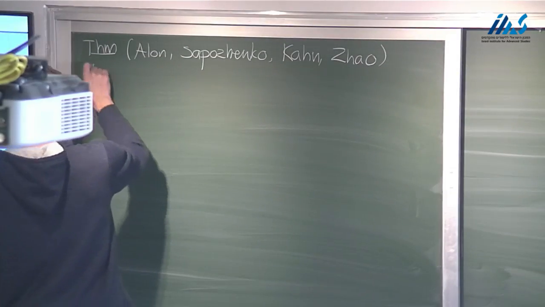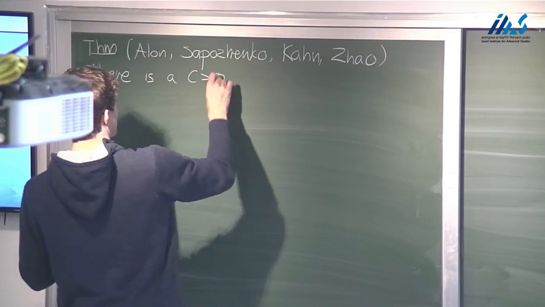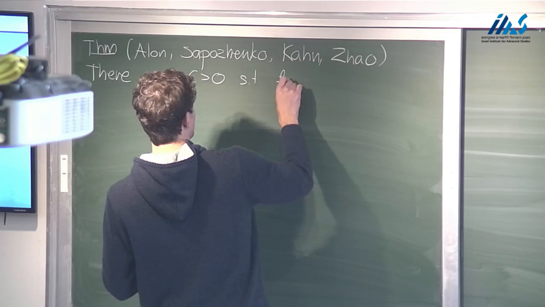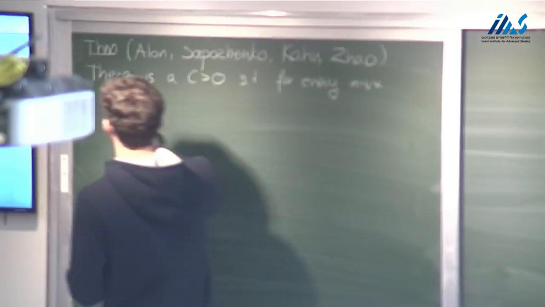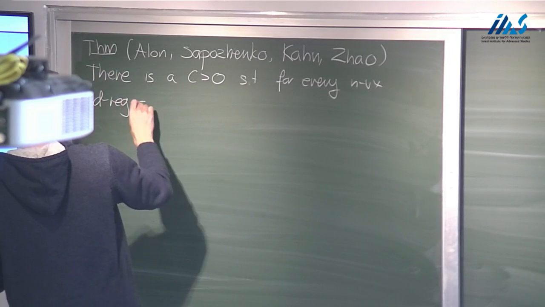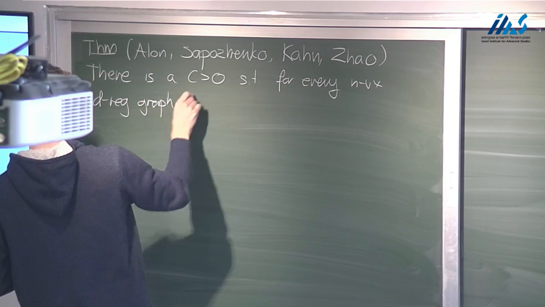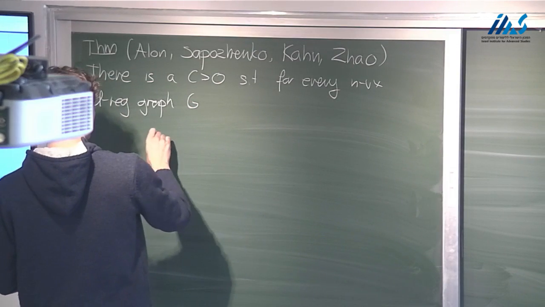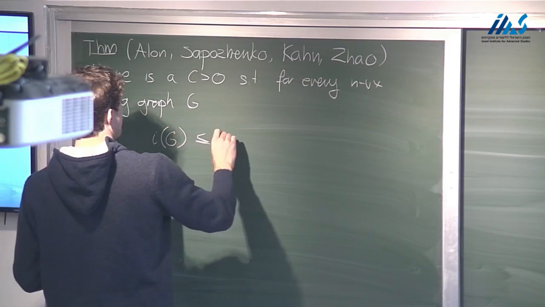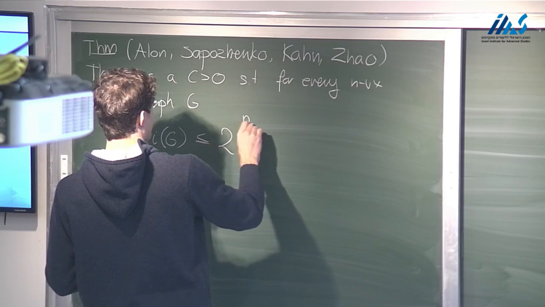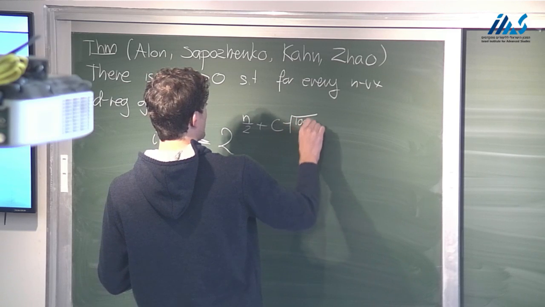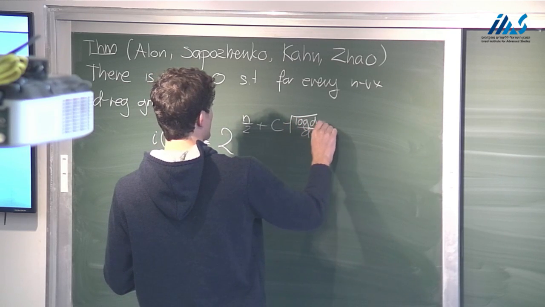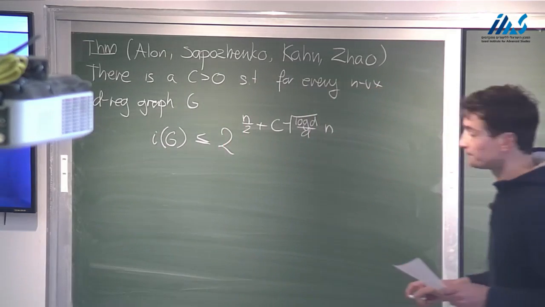So the statement that I'm going to prove is the following. There is a constant C such that for every n vertex d-regular graph G, the number of independent sets of G does not exceed 2 to the power n over 2 plus a constant times square root of log d over d times n.